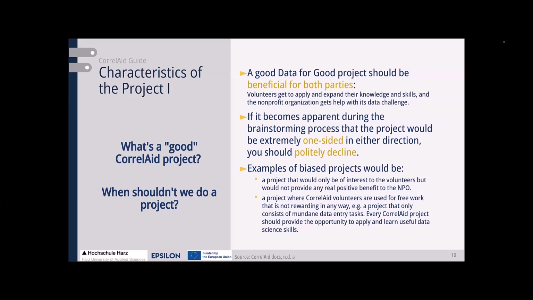If it becomes apparent, for instance during the initial phase of the project, that the project is extremely one-sided, for instance if the initial project workshop gives you the feeling that the partner has strict expectations and does not want to generate this win-win situation so that you also benefit from this project, you should think about politely declining this project.